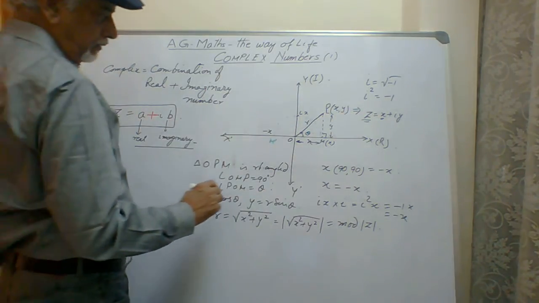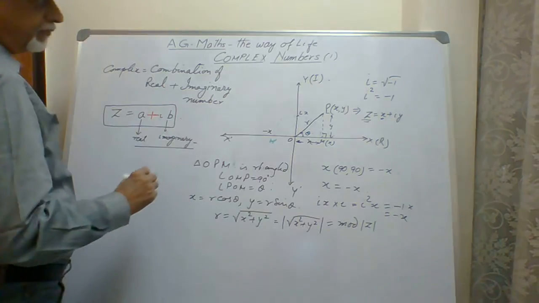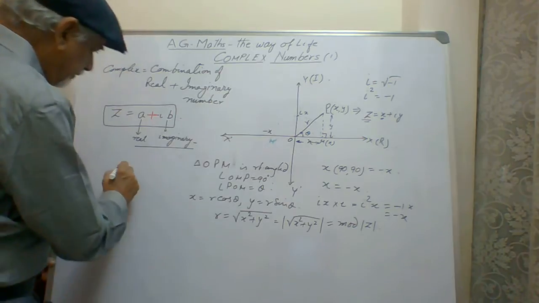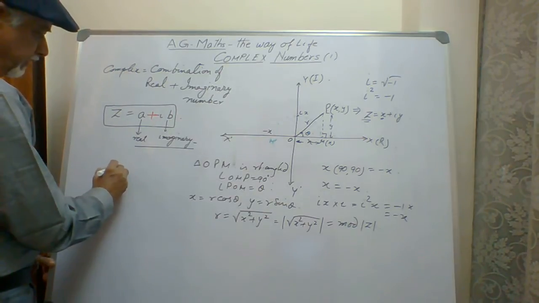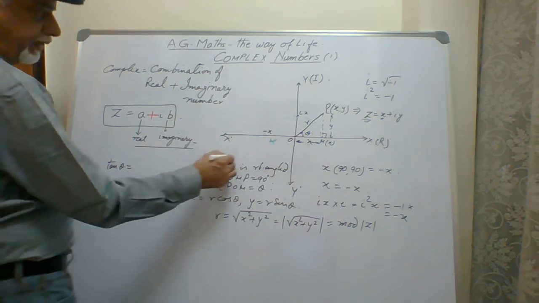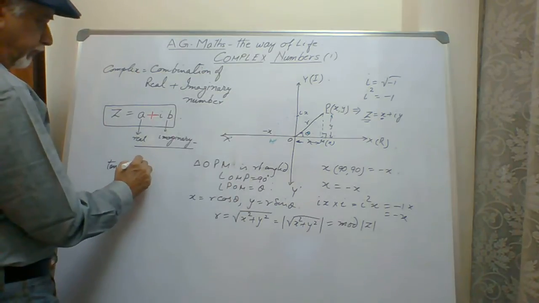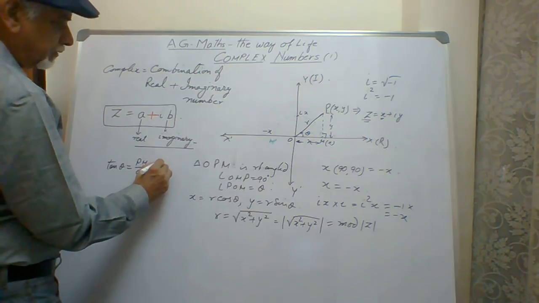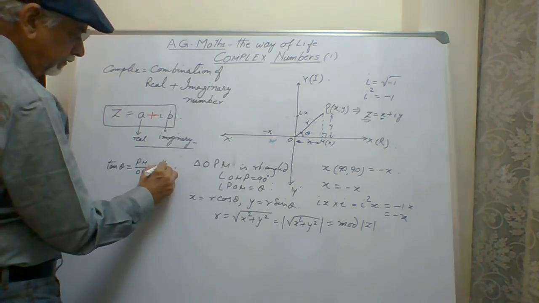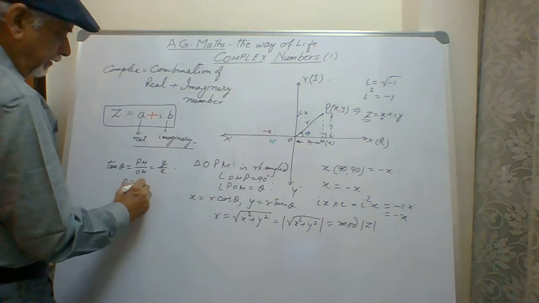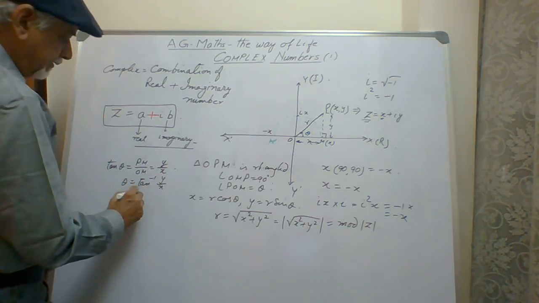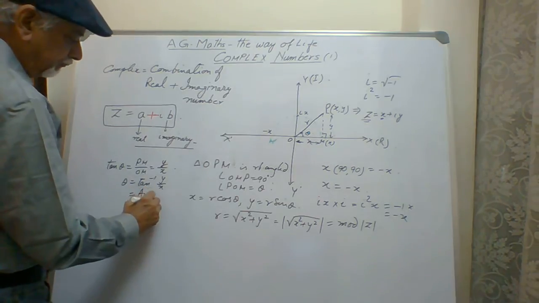Now what is the amplitude? We have an amplitude which is called theta. Angle theta is the amplitude. So we can write tan theta in this triangle will be PM by OM, which is y over x. Hence theta will be tan inverse y over x, and this is nothing but the amplitude.